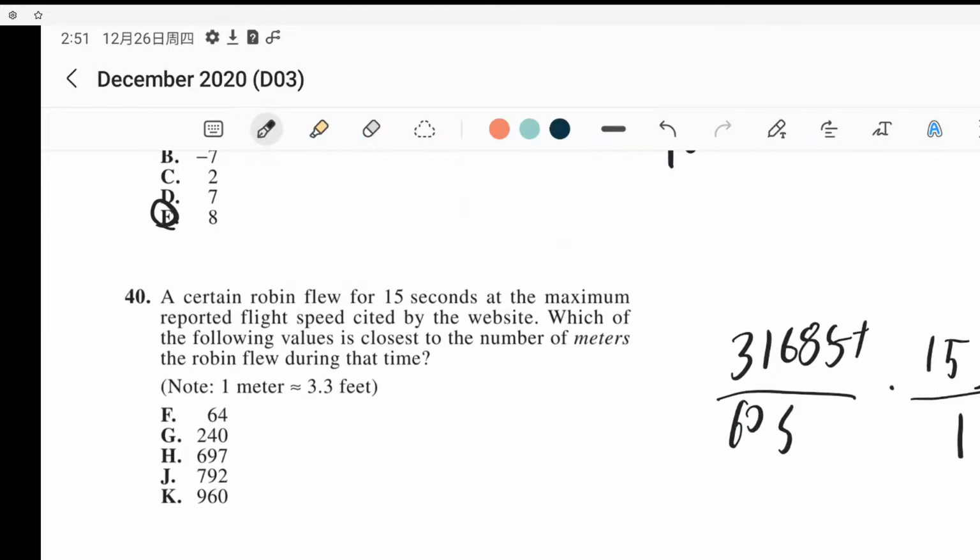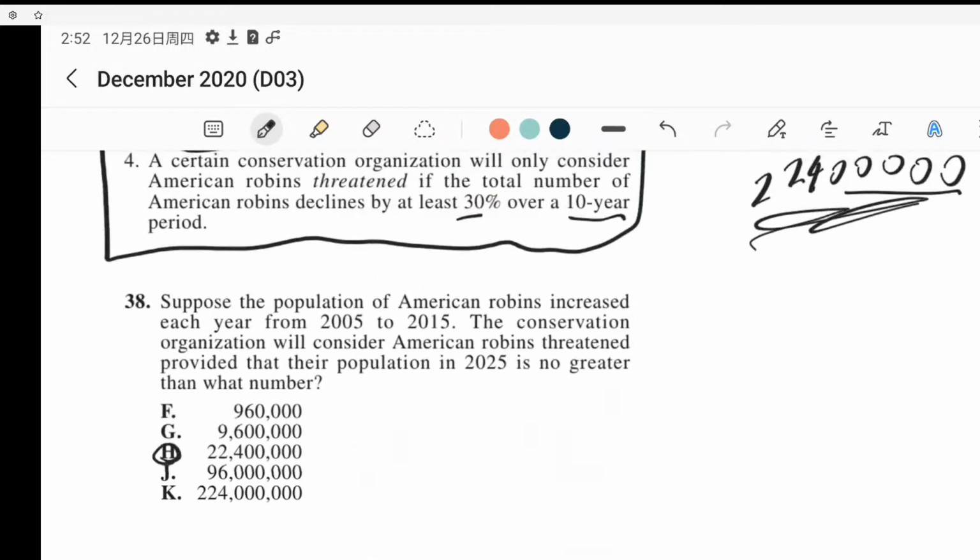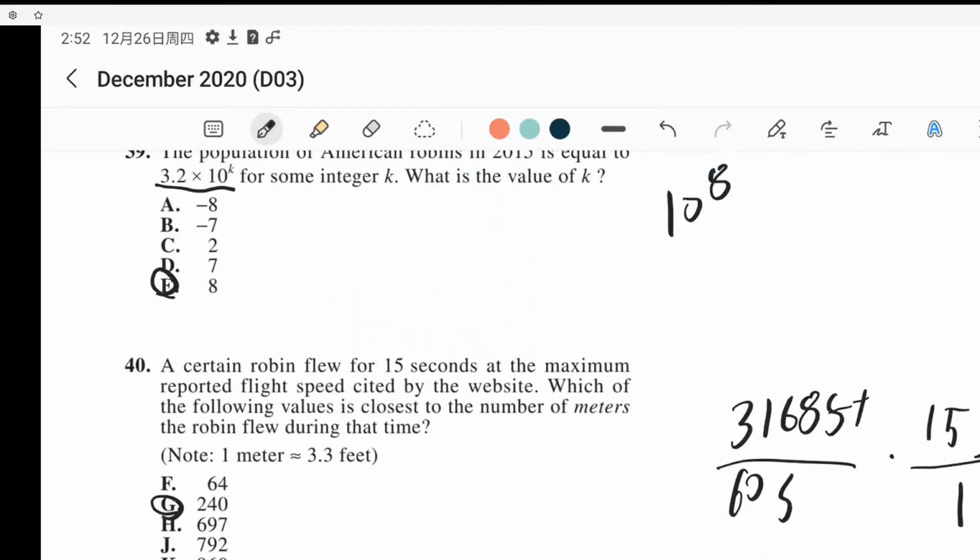So we can write that as 60 seconds, and we divide the final answer by 60, which should be 240 meters. G. Guys, if you get an answer that's really crazy, be sure to check for the information given because there's a great chance you messed up.